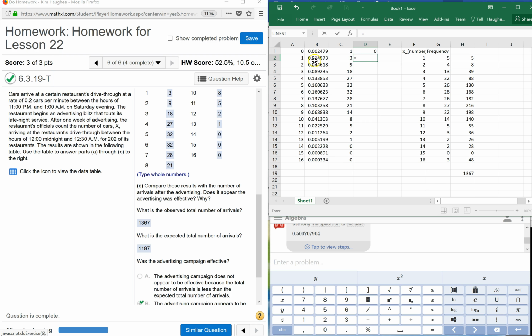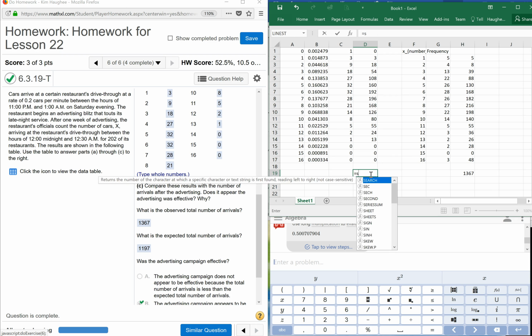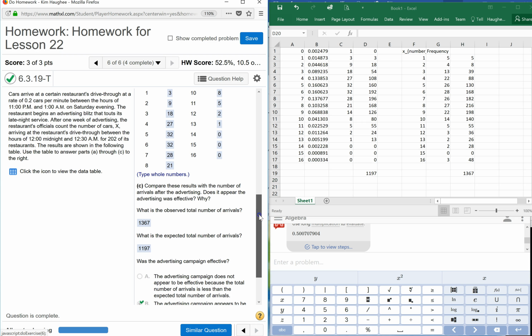I also want to take 1 car arriving at 3 restaurants, which is 3 cars. I'm going to total those values to find out that there were 1,197 expected arrivals. So the observed arrivals is definitely more than the expected, meaning that advertising was helpful.